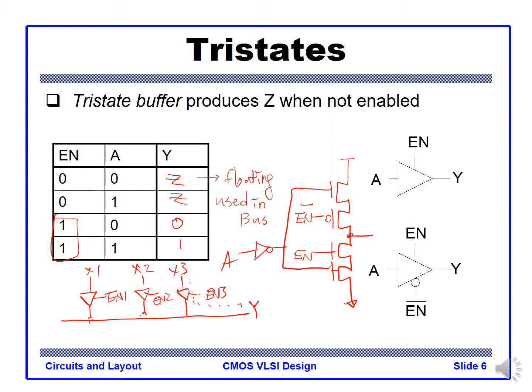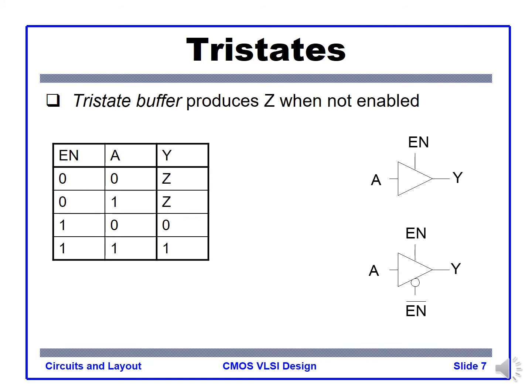So this is A and Y. Whenever the enable is activated, the pull-up and pull-down networks are enabled and connected to the output. So something like that. I already talked about this.